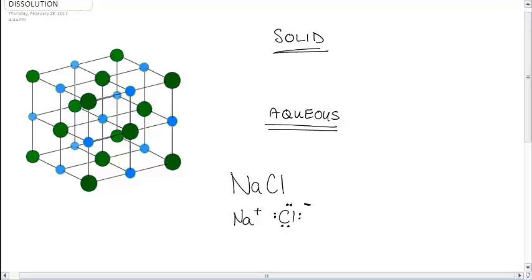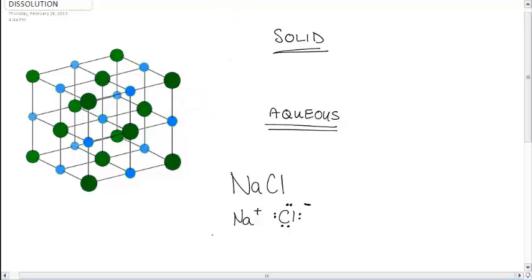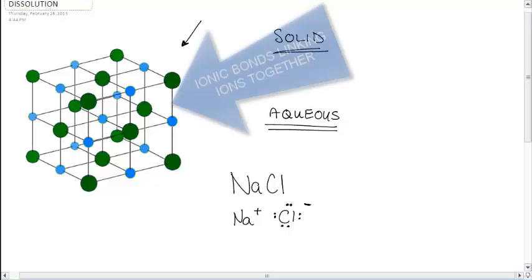So when you see table salt, it looks like little grains of sand or little crushed crystals. And those are sodium and chlorine ions that have basically been locked together, kind of like a jungle gym structure. So this is actually an example of what table salt might look like.